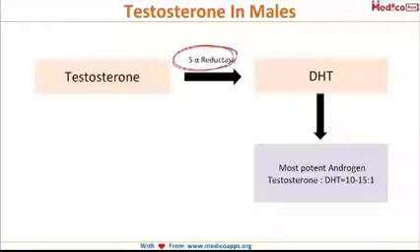This 5-alpha reductase converts testosterone into dihydrotestosterone, which is the most potent androgen. And what is the ratio of testosterone to dihydrotestosterone? It is 10 to 15 is to 1. See, the most potent androgen, less in amount. So the ratio of testosterone to dihydrotestosterone is 10 to 15 is to 1.